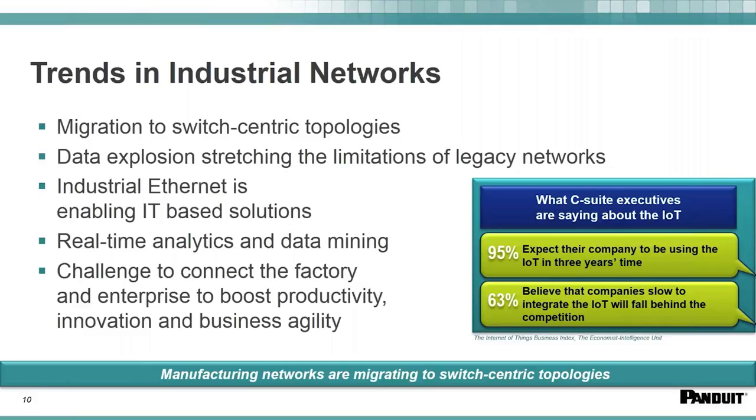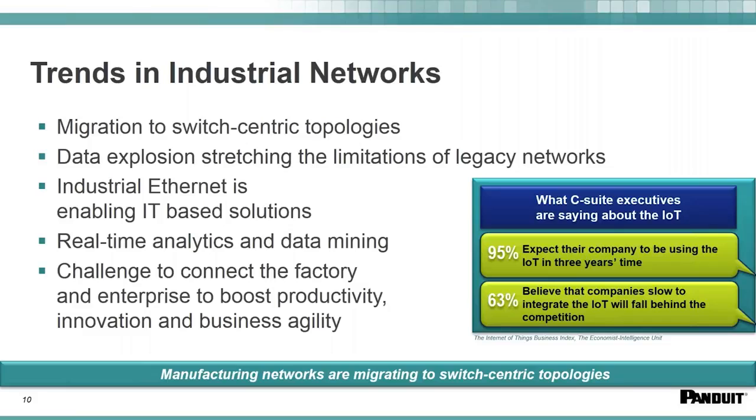We have a lot more data being put onto these networks, and it's starting to stretch the limitations of the legacy networks that are out there. We're moving to more of a standard base. Industrial Ethernet is really enabling some of the IT solutions to now be used on the plant floor. And of course, all of this is now providing some real-time analytics.